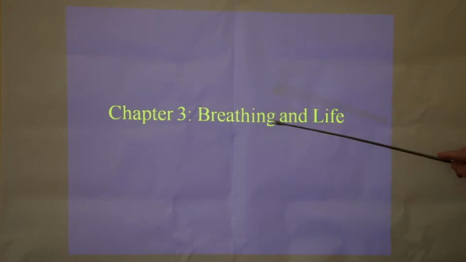But basically, and how then the notion of these chakras spreads to Russia, to the North American Indians, all over the world. The 3rd chapter, as I mentioned right at the beginning, is on breathing and life.